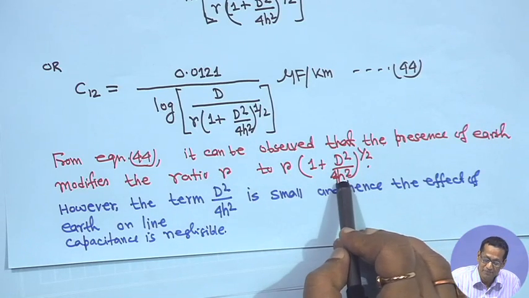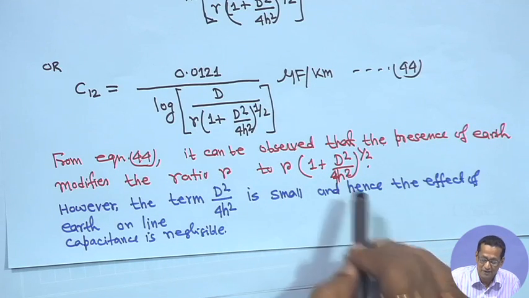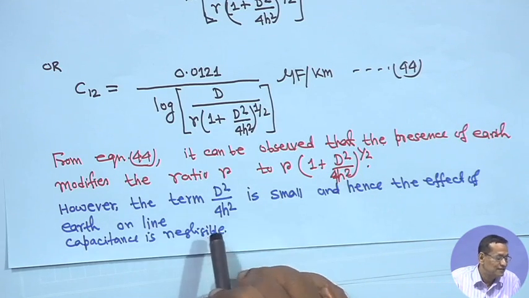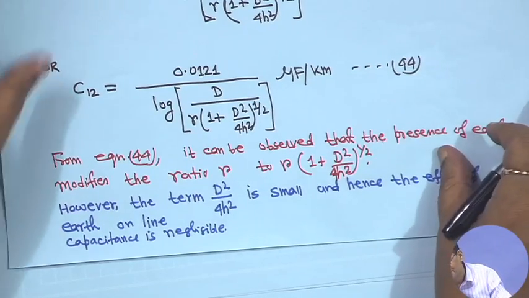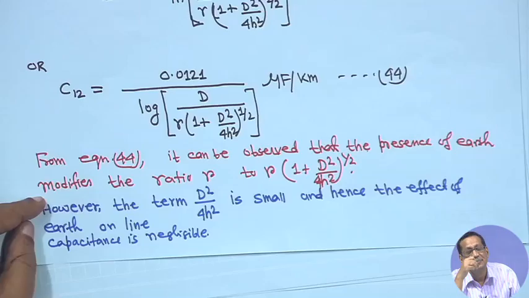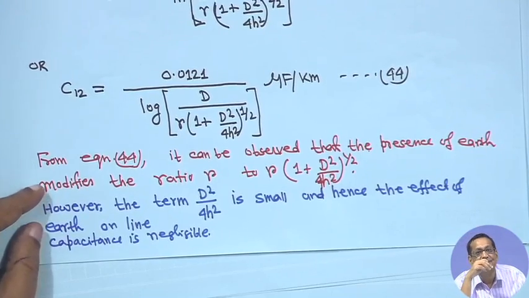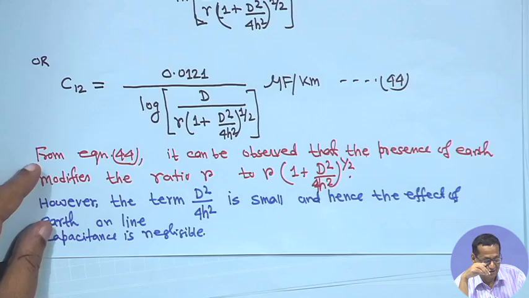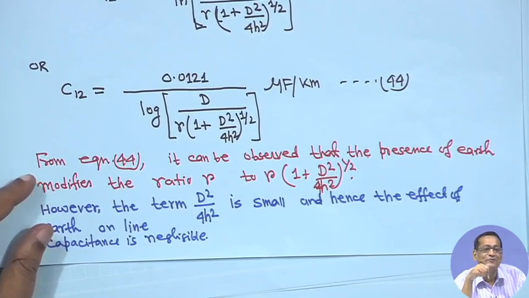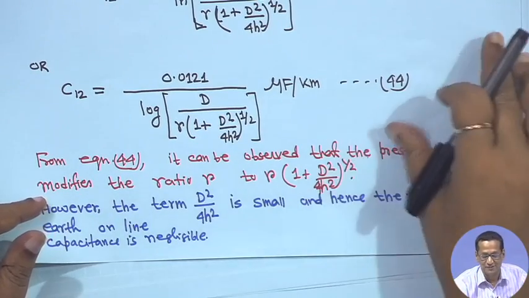So, d square upon 4h square will be much smaller, and that is why its effect is negligible. This is for your single phase line. For the 3 phase one, I will suggest that you try it yourself.